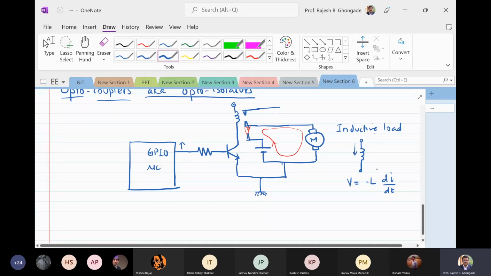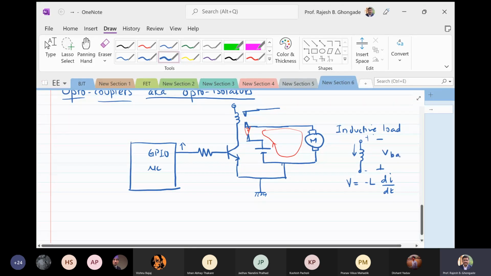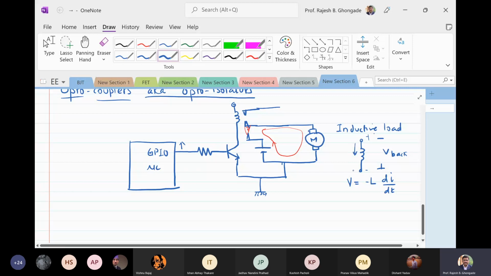So a large negative voltage will be generated. This becomes negative, positive voltage here, and here becomes a negative voltage. So you have a negative spike here. And because this is also having the same ground, this may have a detrimental effect on the microcontroller itself.